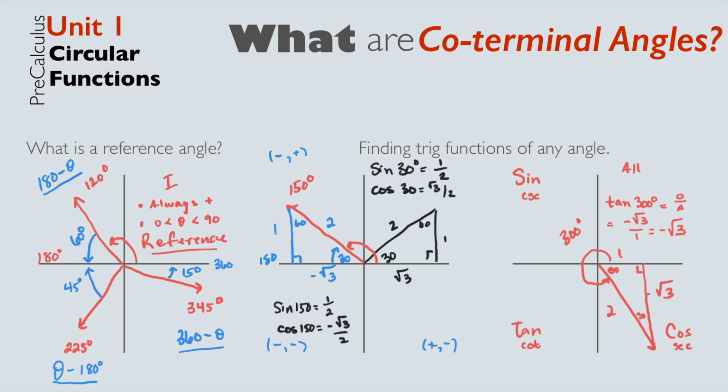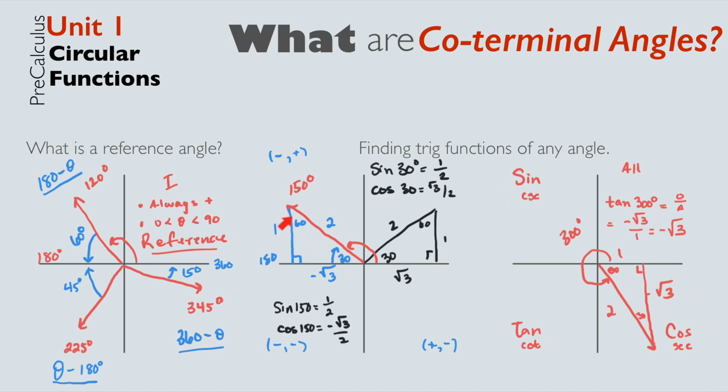I remember this as an acronym to help me remember what goes where, which is which quadrants the trig functions are positive. All are positive, so A, S, T, C: All Students Take Classes. And so all of them are positive here. Sine is positive here. If they're not positive, then they're negative. So in other words, sine and cosecant are the only two positive trig functions here.